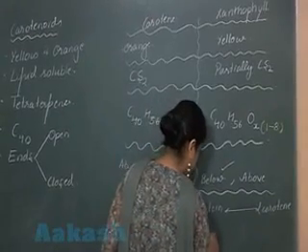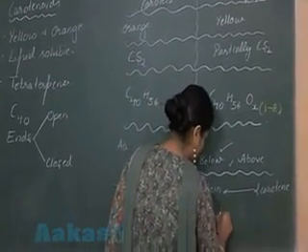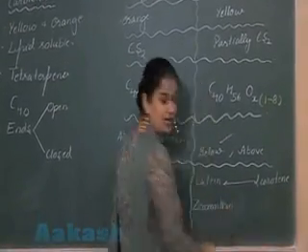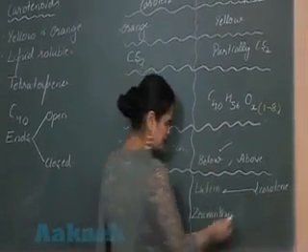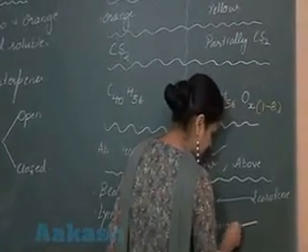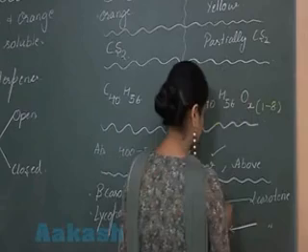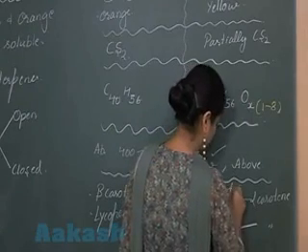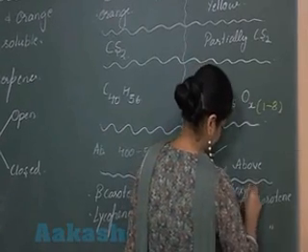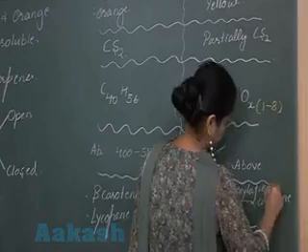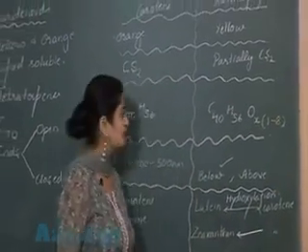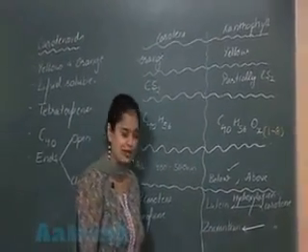Second is zeaxanthin; as the name suggests, it is present in maize. Zea is maize, and zeaxanthin is formed from beta carotene through the process of hydroxylation. So now let's see what are the major functions performed by the carotenoids.